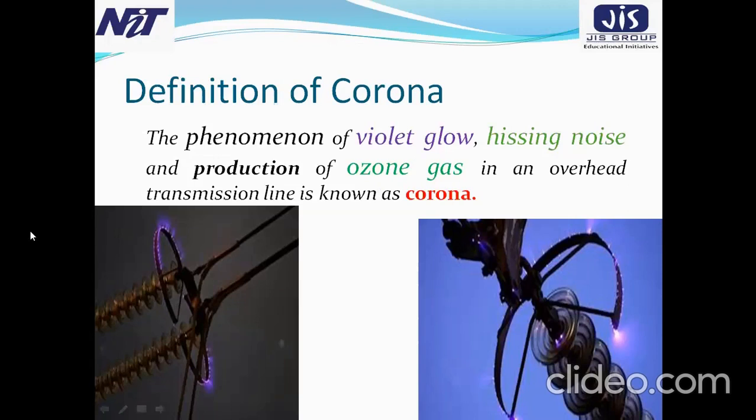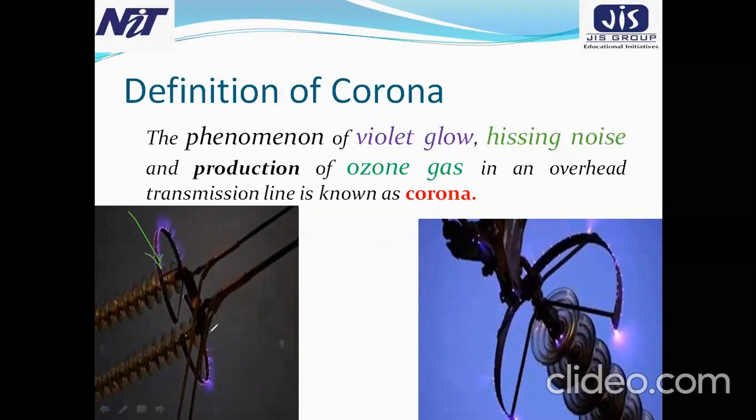Please try to remember it's a phenomenon with violet glow and hissing noise. These are the violet glow. You can observe very carefully what this violet glow actually is. With the notation, I can show you that this part is the violet glow part. You can find the glow here.